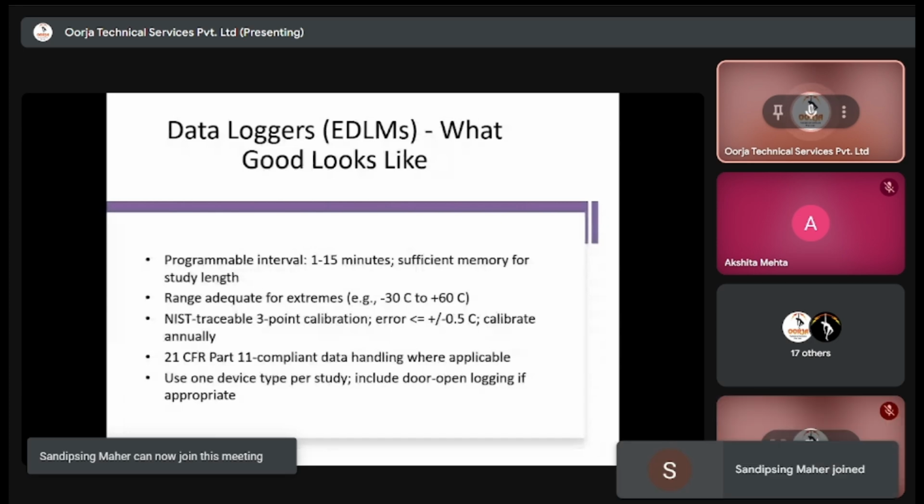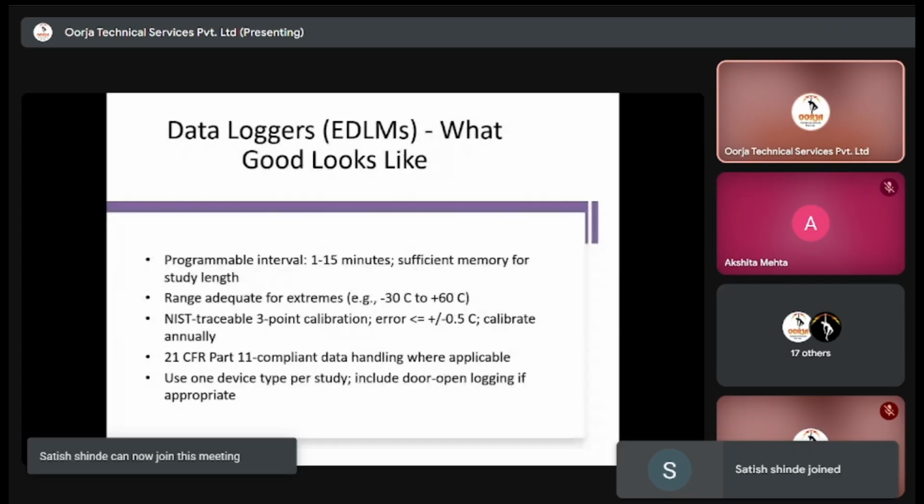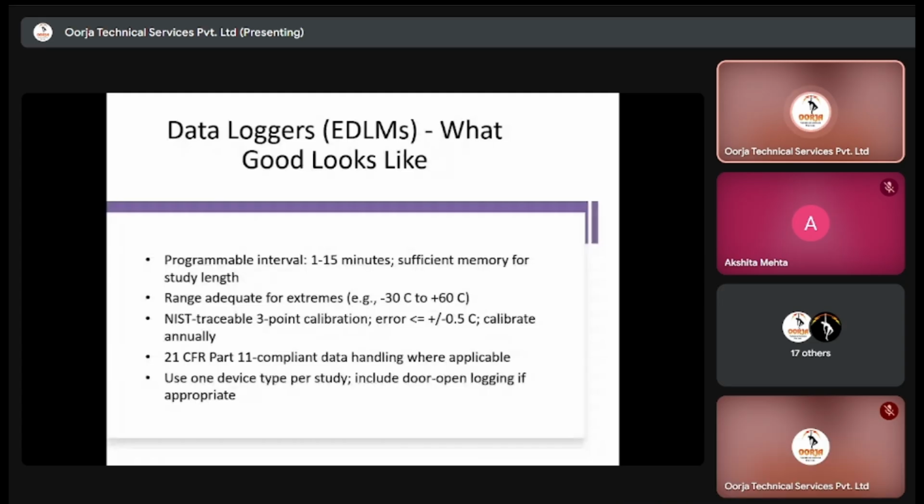Based on the practical scenarios or requirements, we can use a wired data logger or a wireless data logger. But as per WHO guideline, there are certain specifications that must be followed. First, the programmable interval must be within 1 to 15 minutes, and the data logger must have sufficient memory to record the overall activity throughout the mapping duration.